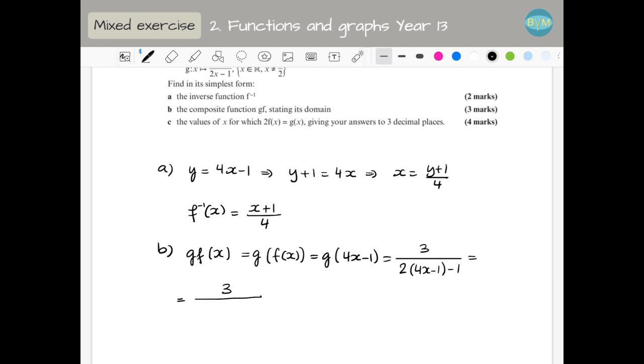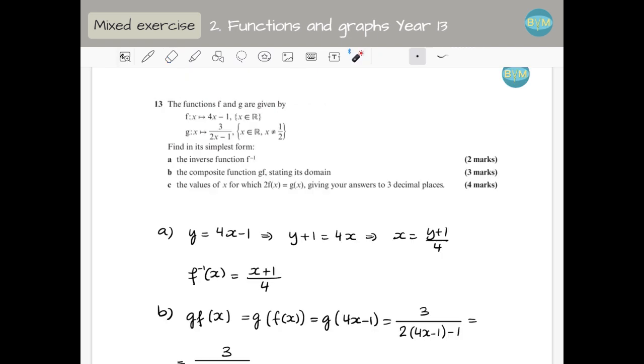I have in the denominator 2 times 4x is 8x. And then 2 times minus 1 is minus 2, minus 1, minus 3. So I'm expanding the bracket and simplifying. And now we have to give the domain.